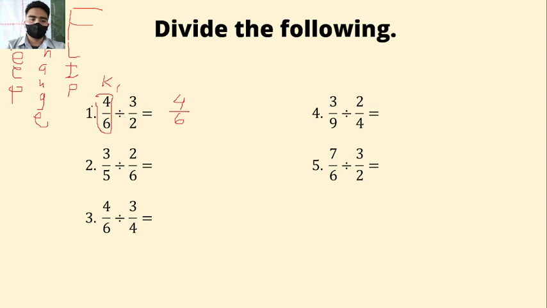Now, C. C is for your operation. We're going to change. Change what? Change the operation from division to multiplication. You just change the operation. Then, lastly, you are going to flip. If you say flip, your numerator will be transferred to your denominator, and your denominator will be transferred to your numerator.